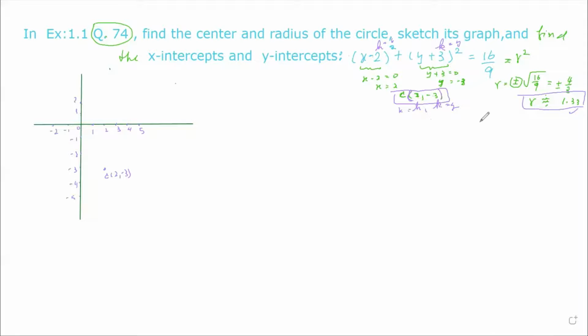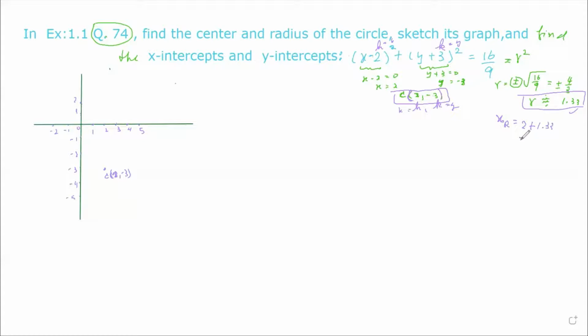If I go to the right-hand side, I use X. Right now X is 2, so going right, I use plus the radian 1.33.